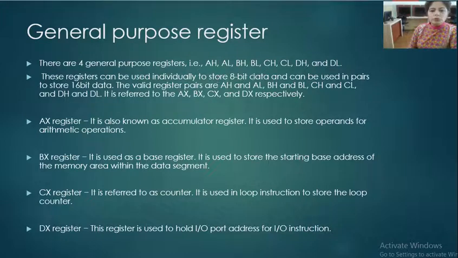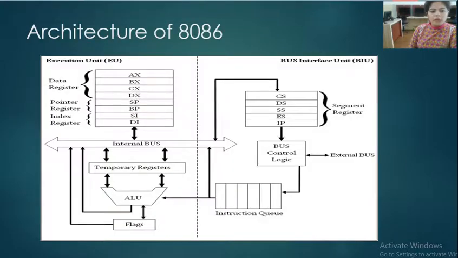They individually store 8-bit data, because I have told you individually they are of 8-bit, and in pure form it is of 16-bit. So these are referred to as AX, BX, CX, DX, and so on. So look at this diagram. With this we have studied these four general purpose registers, AX, BX, CX, DX, which are present in the execution unit.